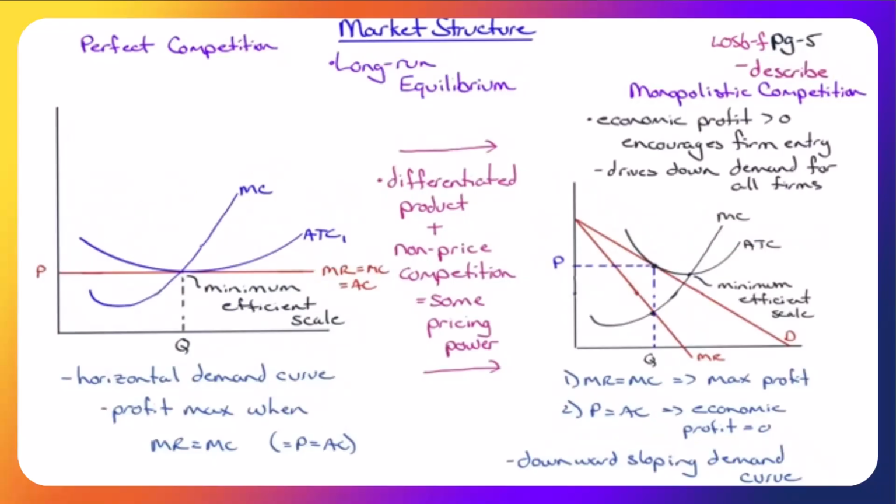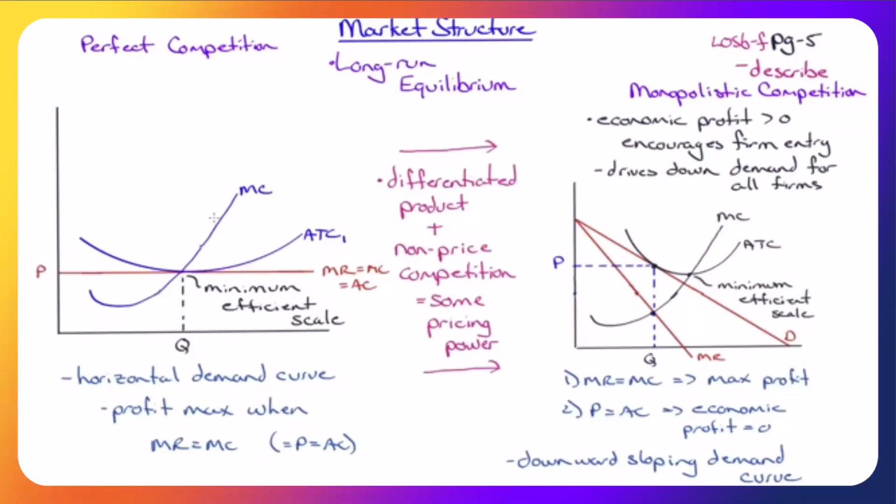All right, well, let's have a look at the long-run equilibrium for perfect competition versus monopolistic competition. And we've already seen the long-run equilibrium on the previous screen when we looked at optimal output. Long-run equilibrium occurs where economic profit equals zero. That is because if there is positive economic profit, it encourages firms to enter the industry, increasing supply.